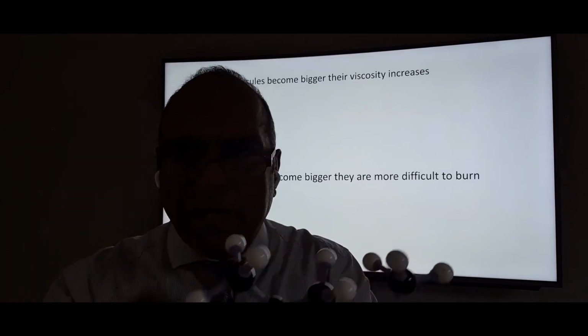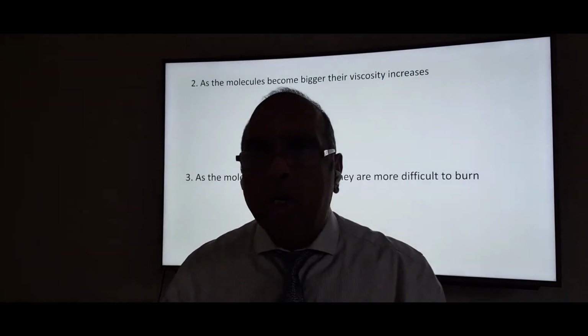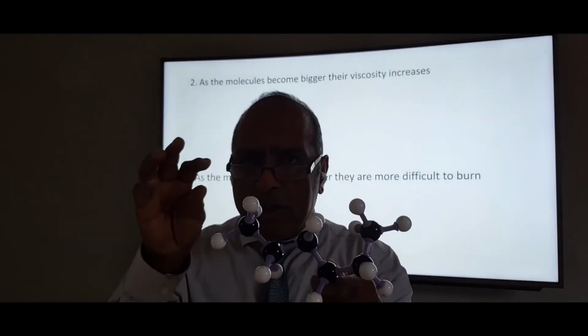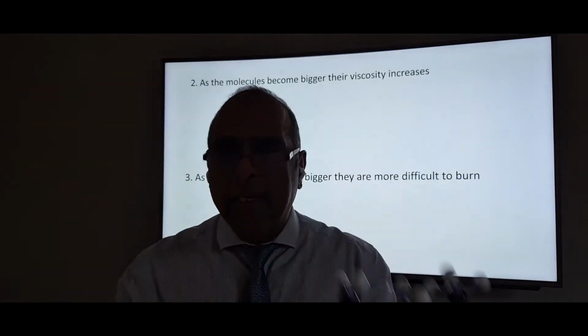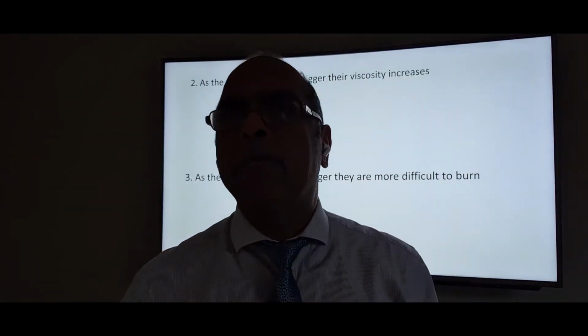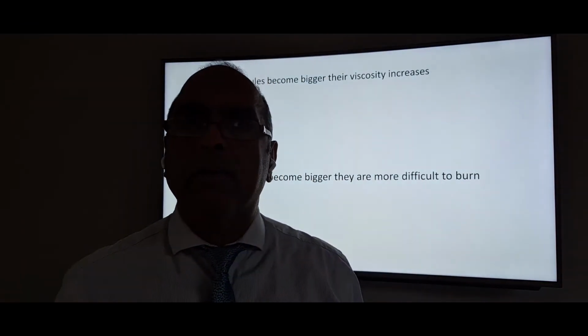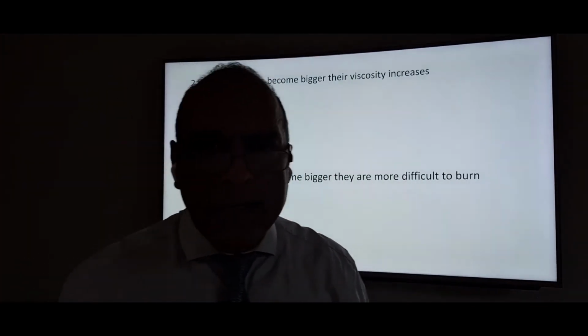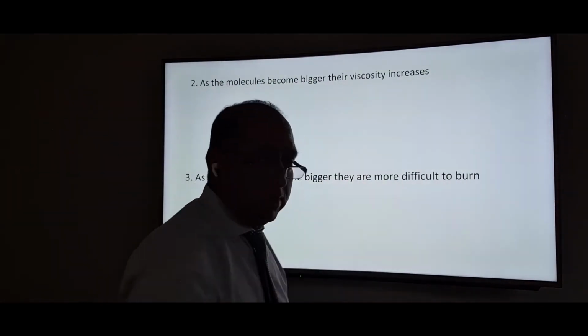If the oxygen can't get to the atoms as easily, then they're going to be harder to burn. The burning reaction is with oxygen, and therefore the ability of the oxygen to get in is paramount.